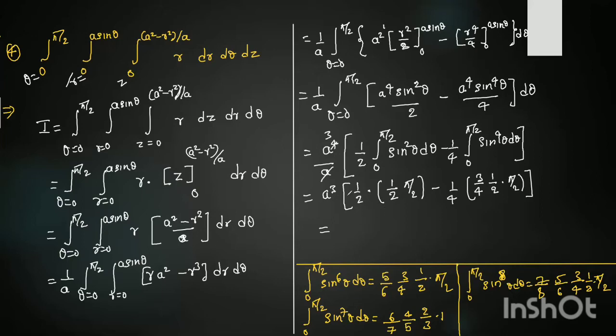See, here we get pi by 8 minus, here we get 3 pi by 4, 4 times 16 is 64. What will be the final answer?